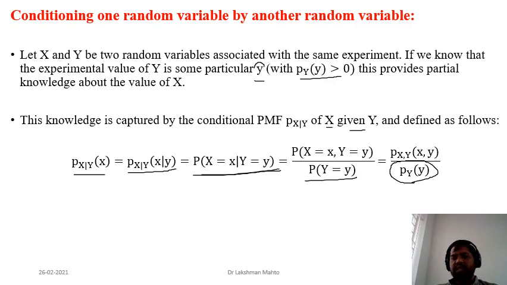So if someone asks whether you can say anything about the plot or nature of the graph of conditional probability and joint probability, who would like to give an answer? Okay, Sriram, would you like to give an answer? What is the relation between the shape of the conditional probability mass function and the joint probability mass function?